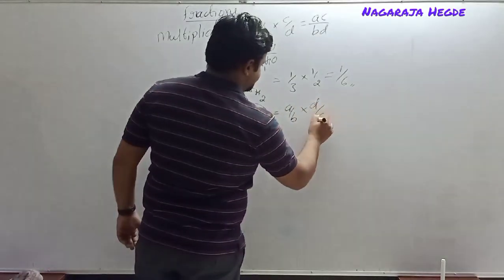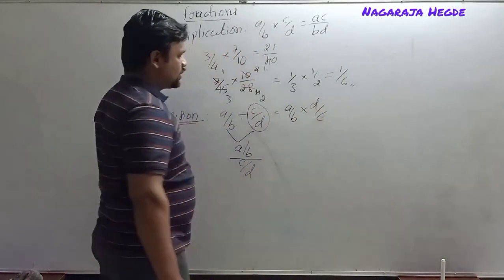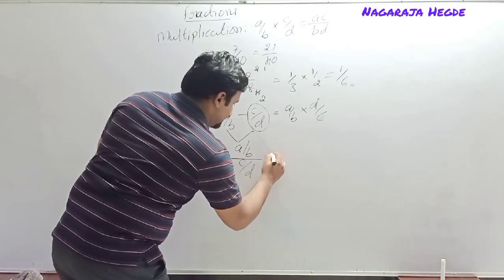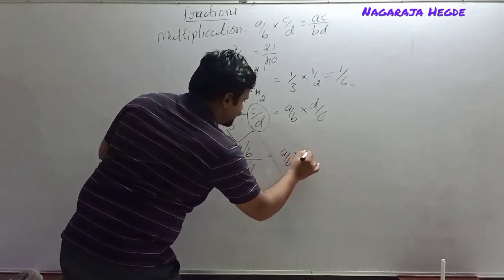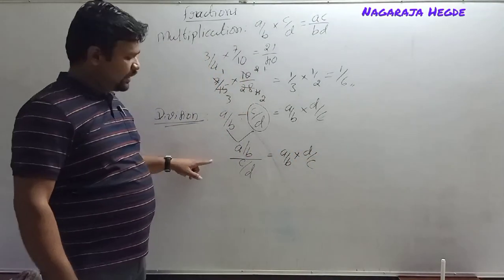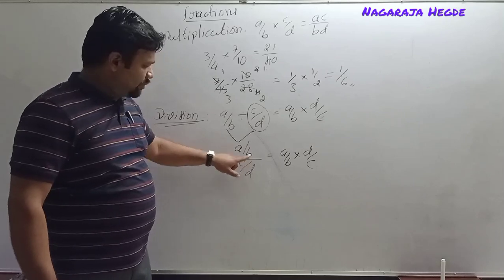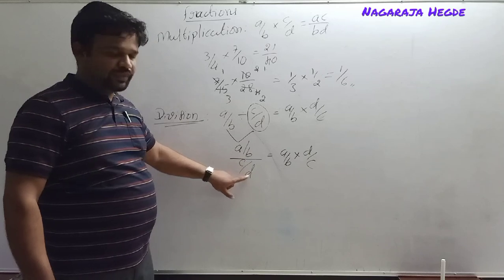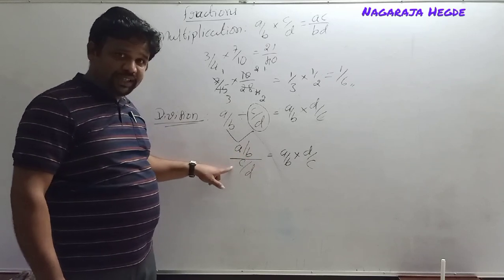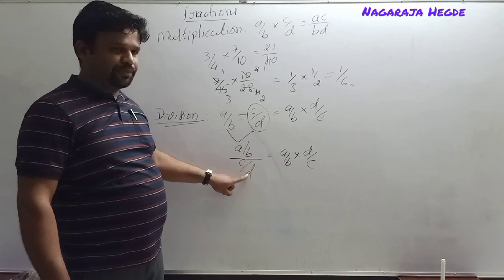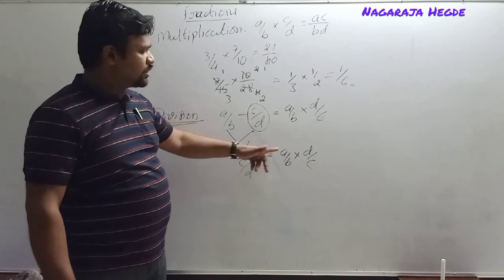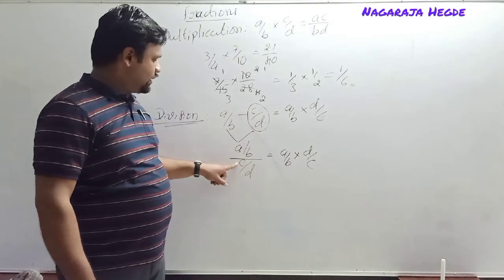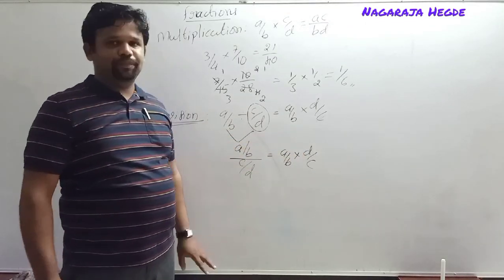D by c. So a by b divided by c by d can be written as a by b into d by c. In this denominator we have a numerator and denominator, and that one is going up. That is, the denominator is going to the numerator and the numerator is going to the denominator.